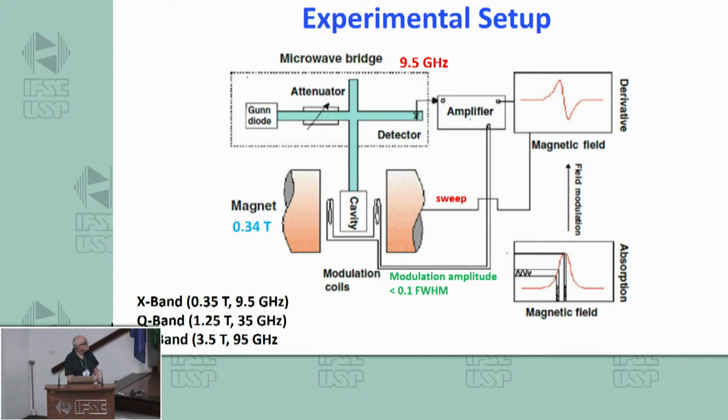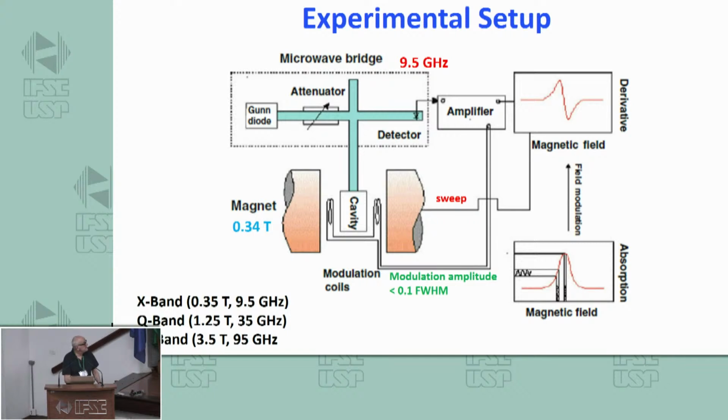And the whole thing sits in a static magnet. For the spectroscopy carried out at 9.5 gigahertz, this will be 0.34 Tesla, so it's typically an electromagnet. And then this magnet is continuously swept.